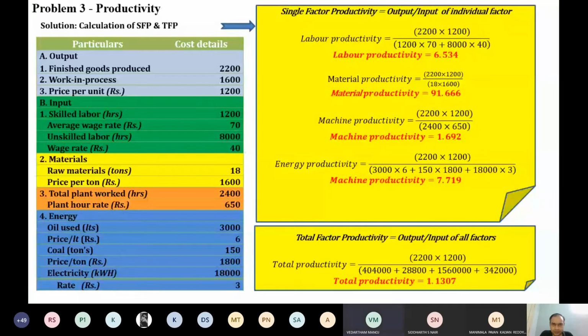Got it? Yes, sir. Then that will be the output for all the individual factors as well as the total output.